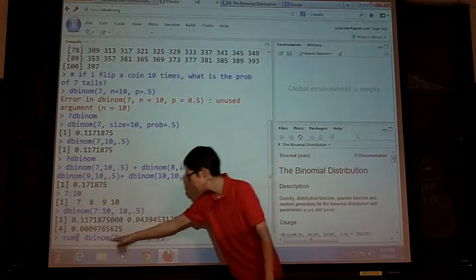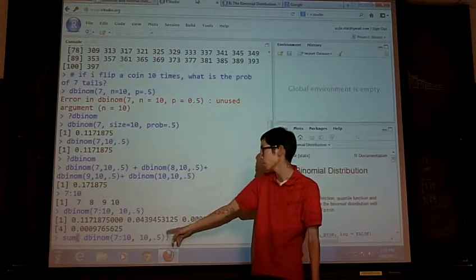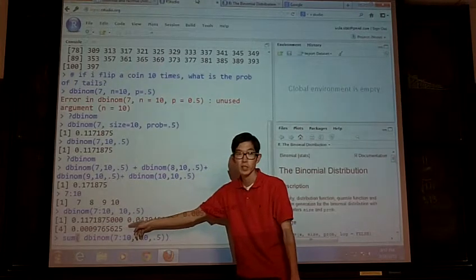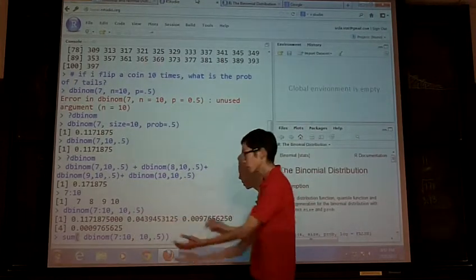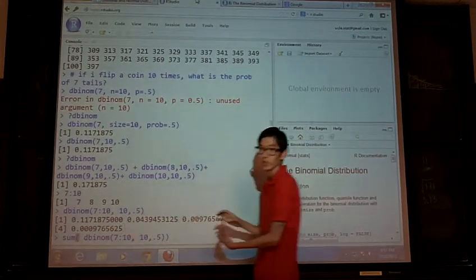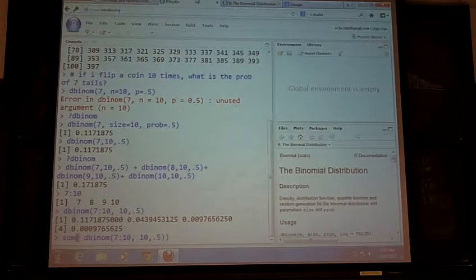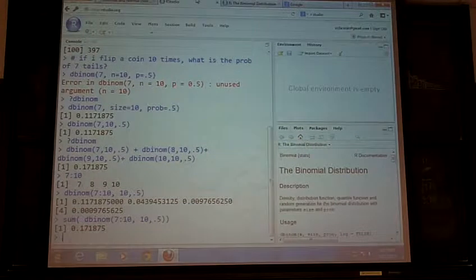So this command, dbinom(7:10, 10, 0.5), represents these 4 numbers. And by putting sum around it, it's going to say take these 4 numbers and add those up. And when I do that, what am I going to get? I'm going to get the answer that we got earlier.